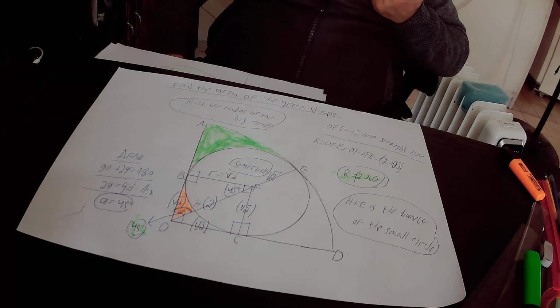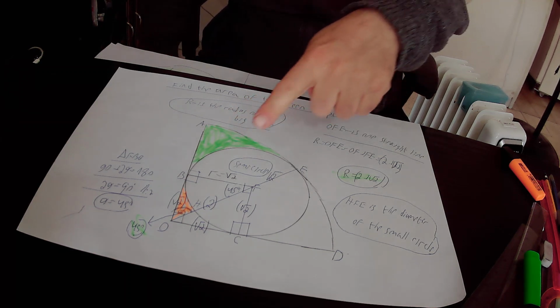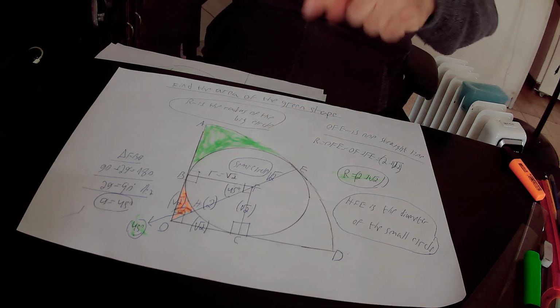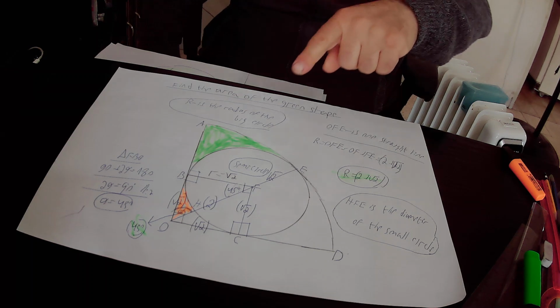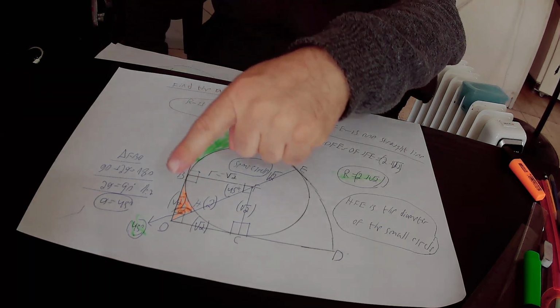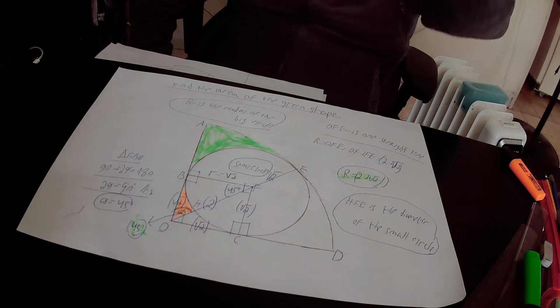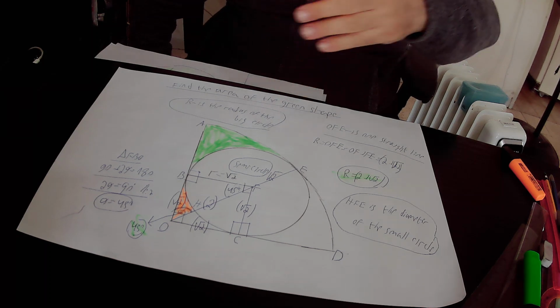But what is the definition of the straight line OFE? What is the other definition of the straight line OFE? The straight line OFE starts from point O, that is the center of the big quarter circle, and ends at point E, that is the point of the quarter circle itself. This is exactly the definition of a radius.